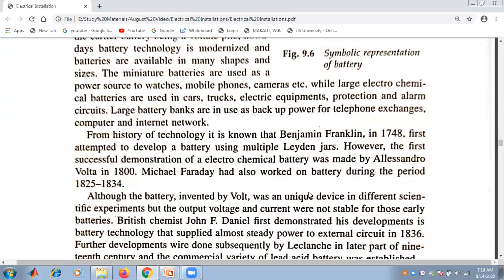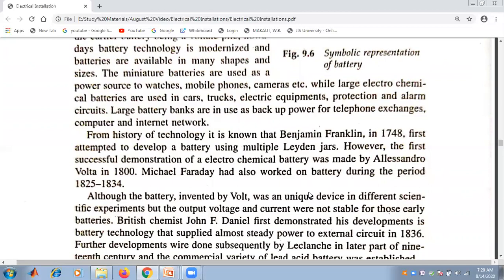Now, if I go through the history of technology, it is known that Benjamin Franklin, in 1748, was the first person to attempt to develop a battery using multiple Leyden jars.